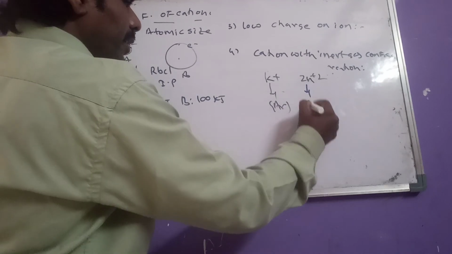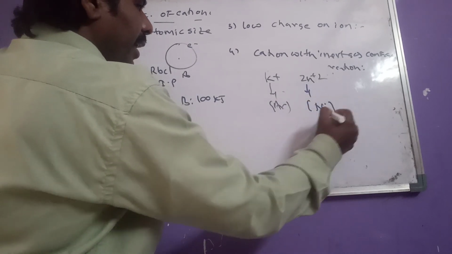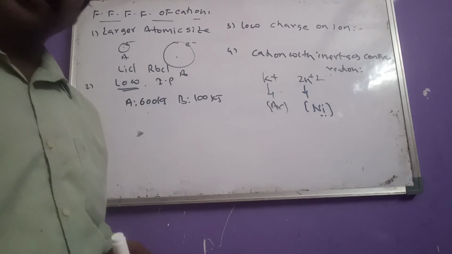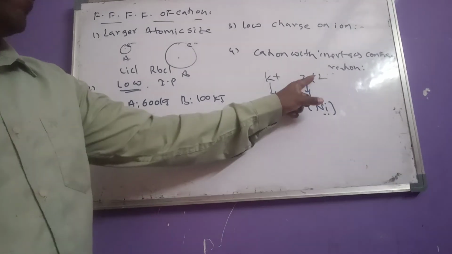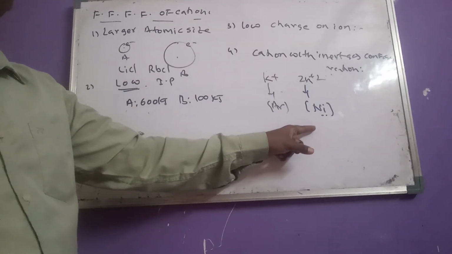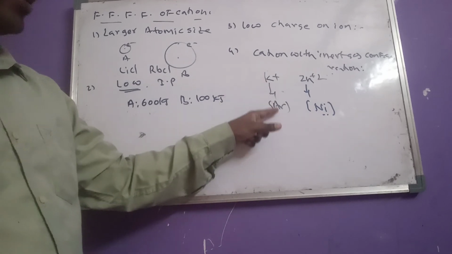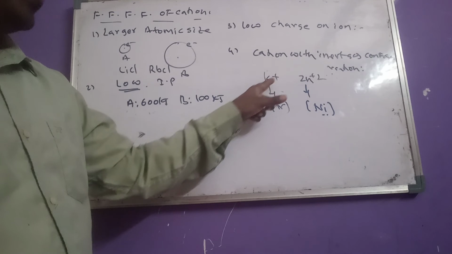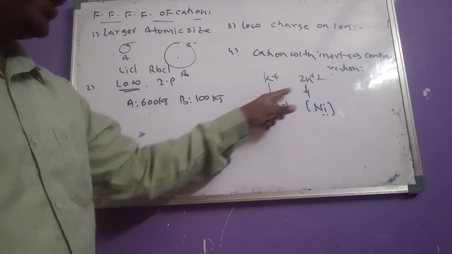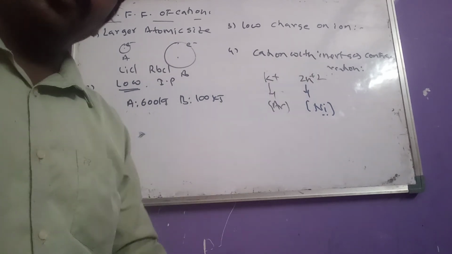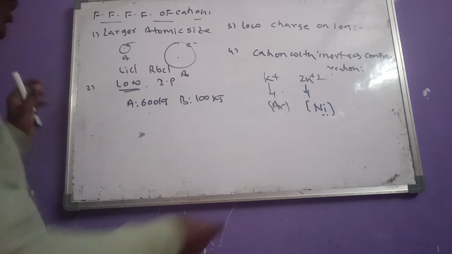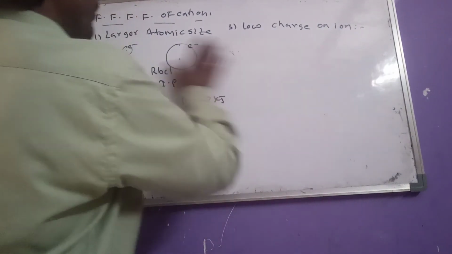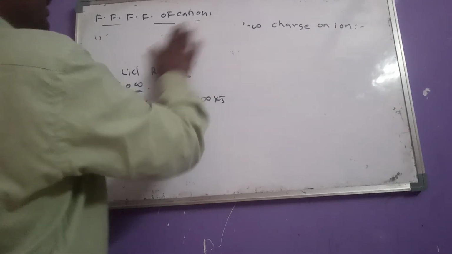But Zn+2 has nickel group configuration, known as pseudo inert gas configuration. Compared with pseudo inert gas configuration, inert gas configuration is more stable. So K+ is formed easily compared with Zn+2. So these are the favorable factors for the formation of the cation.